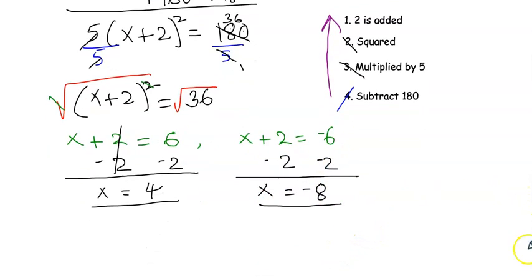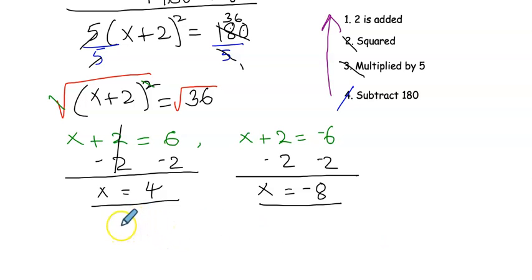And last step, my final answer, that is the solutions. x is equal to negative 8 or 4. These are my two x values.